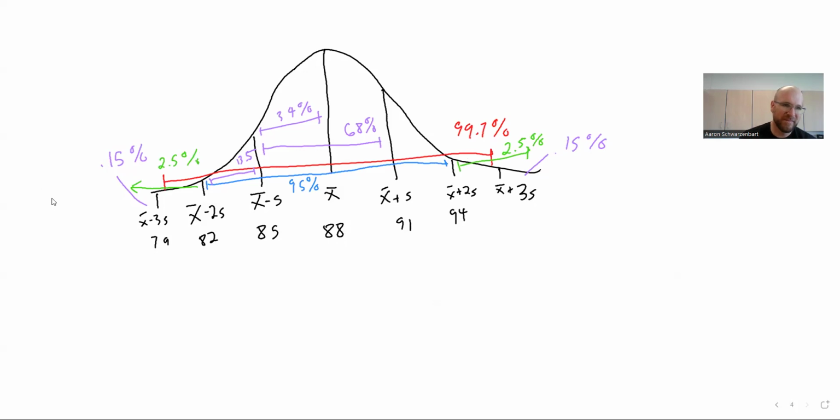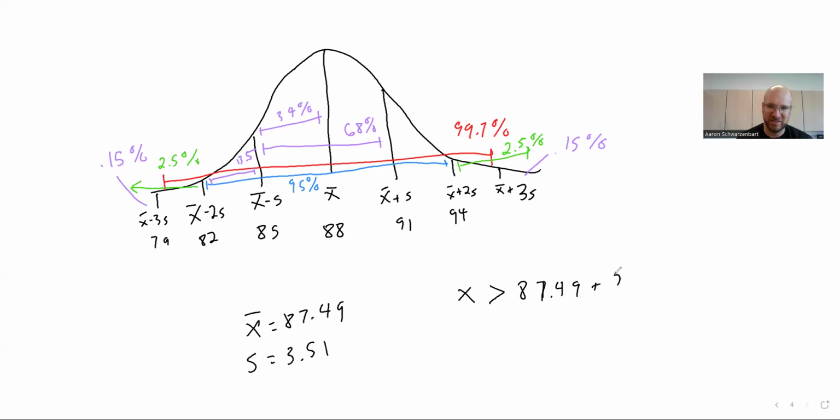So my actual mean, and again, to do this, we're going to use the real ones, 87.49. And my sample standard deviation is 3.51. So I need any data point greater than the mean plus 2 standard deviations to be in the top 2.5%.